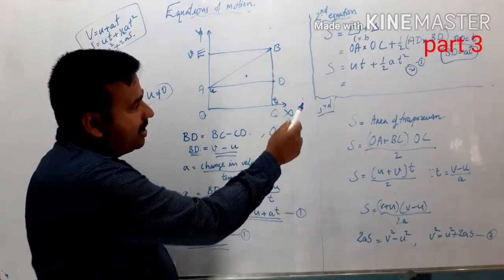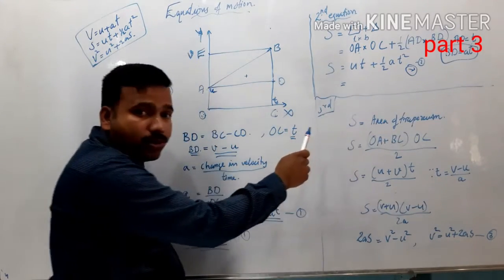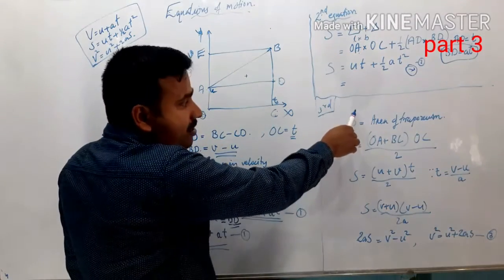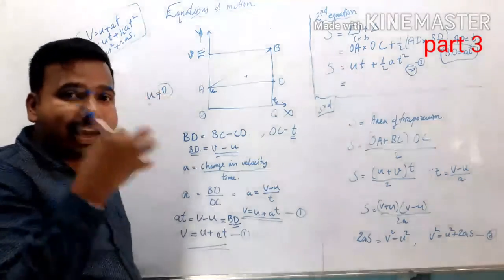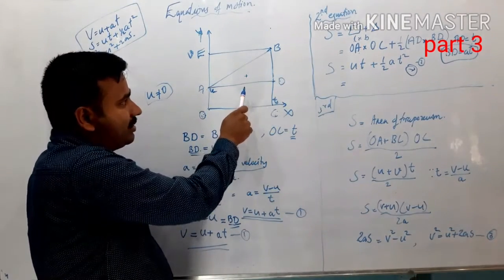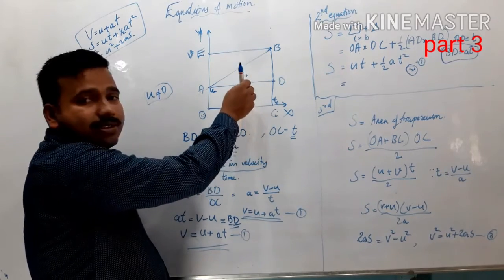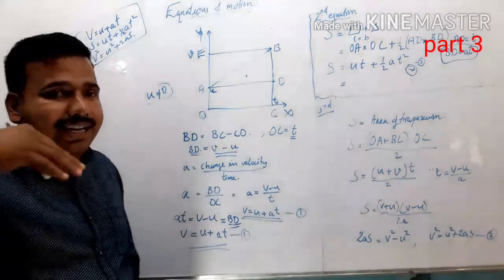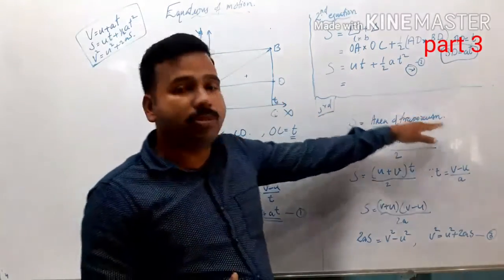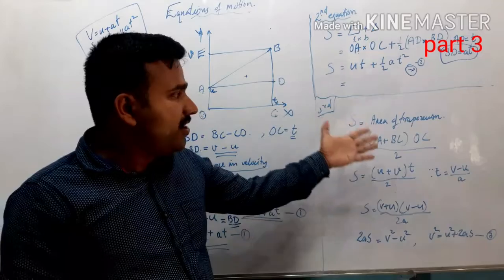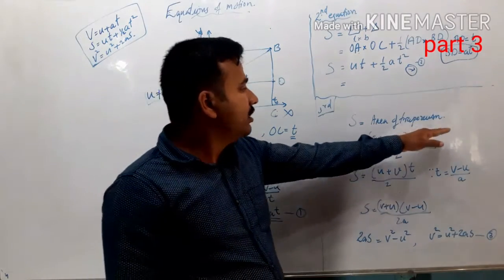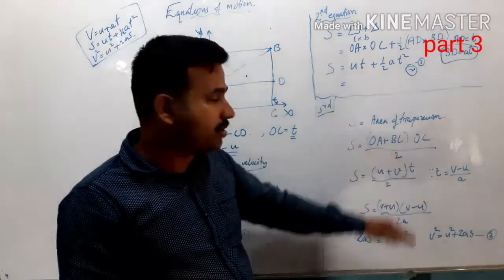This equation is also known as the position velocity relationship. Here also we are calculating the area of this particular region. If you consider a triangle plus a rectangle, this figure is known as a trapezium. How will you calculate the area of the trapezium? That is the sum of the opposite sides into height divided by 2.